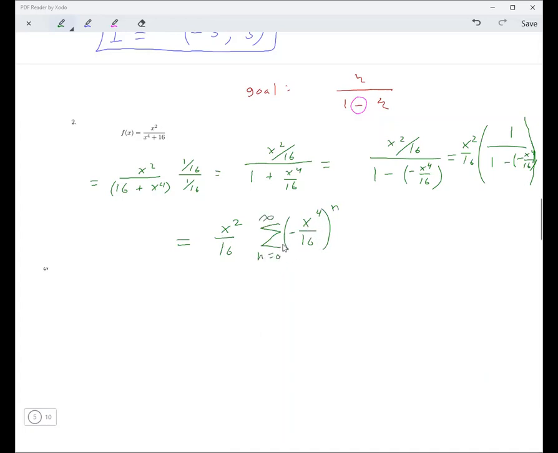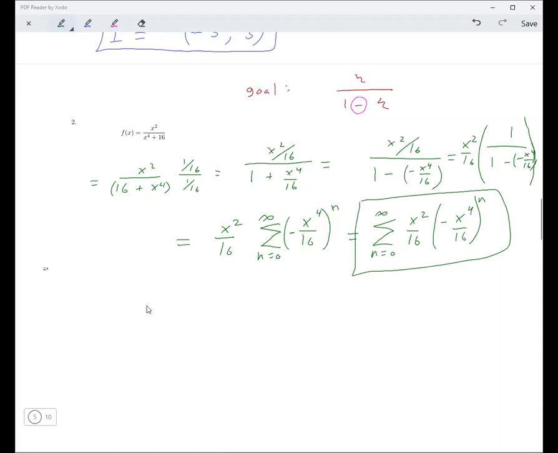Okay, then I'm just going to put that back in to get the format that they want. Right there.